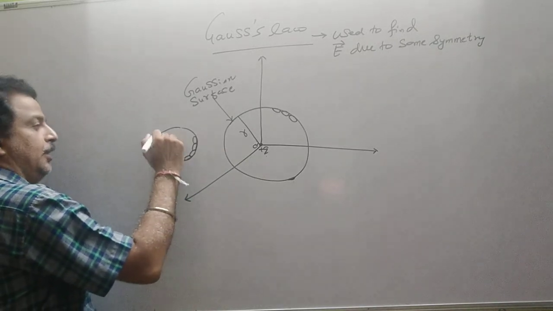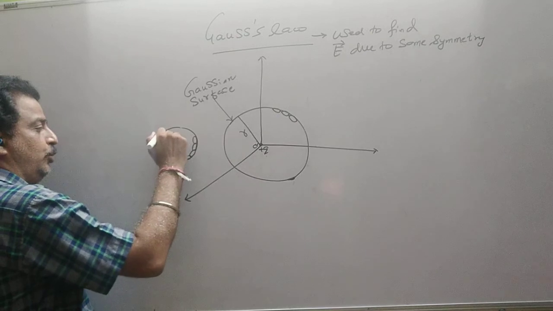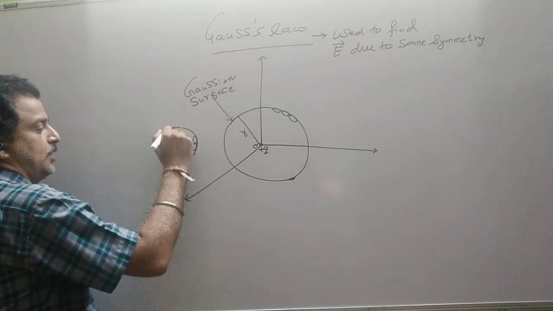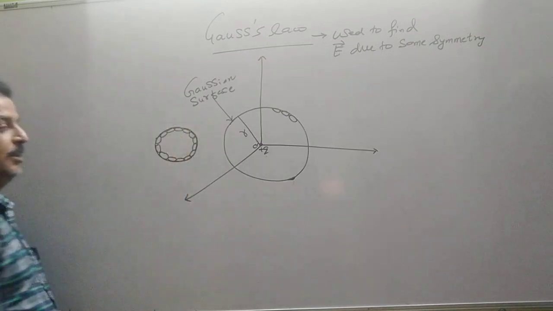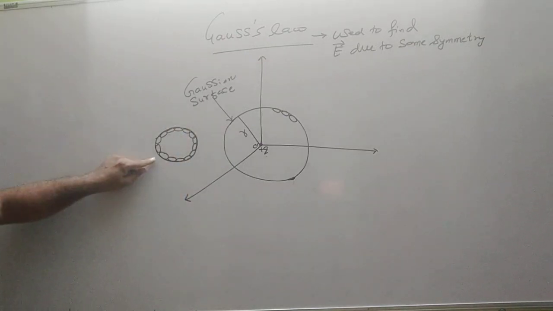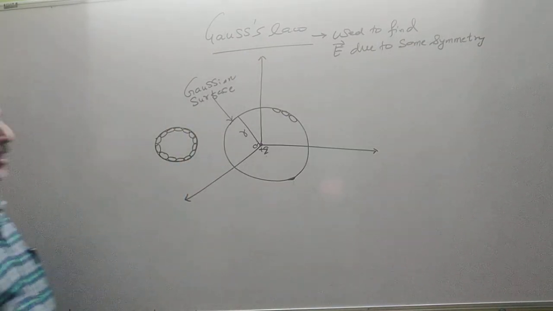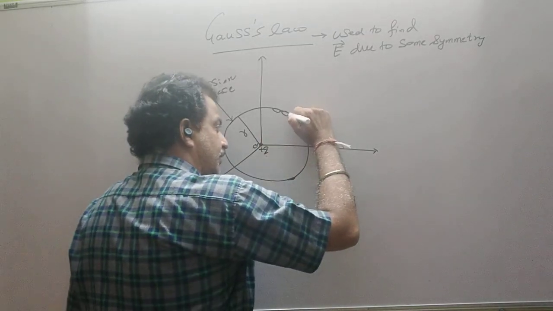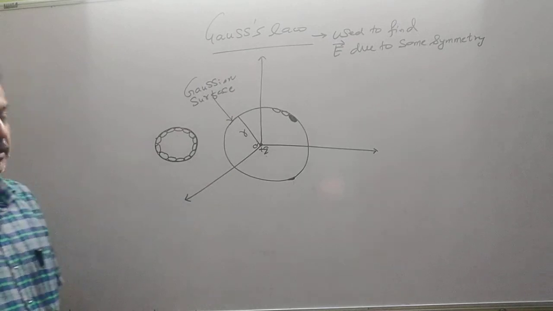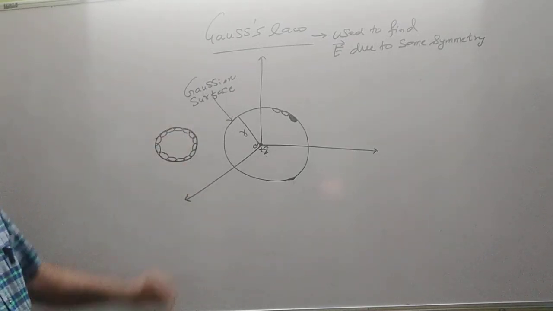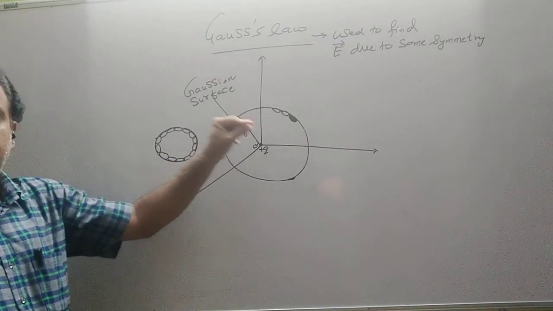So again, as in continuous charge distribution, we have divided this Gaussian surface into small elements. I consider one surface or a Gaussian element. Let the area of this be denoted by delta S.